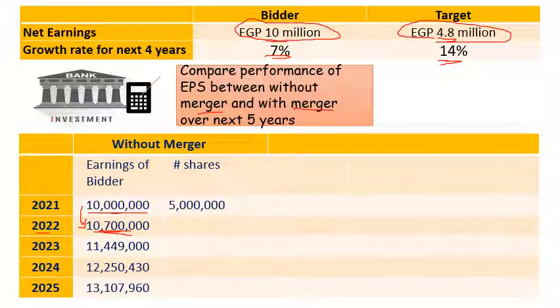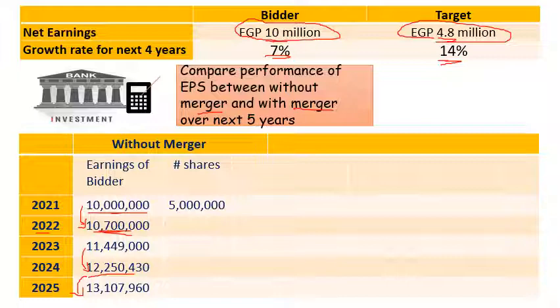It will grow at 7% to be at the end of 2024 12,250,000, and this amount will grow at 7% to be 13 million at the end of year 2025.